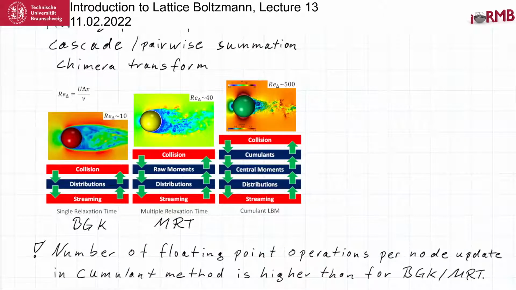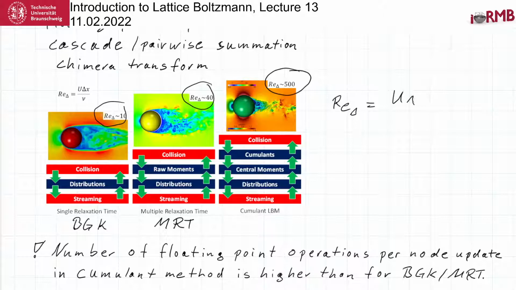So these methods have increasing complexity in their collision operator in particular, but also their grid scale Reynolds number. So the grid scale Reynolds number, this delta, this would be the highest Reynolds number, u times delta.